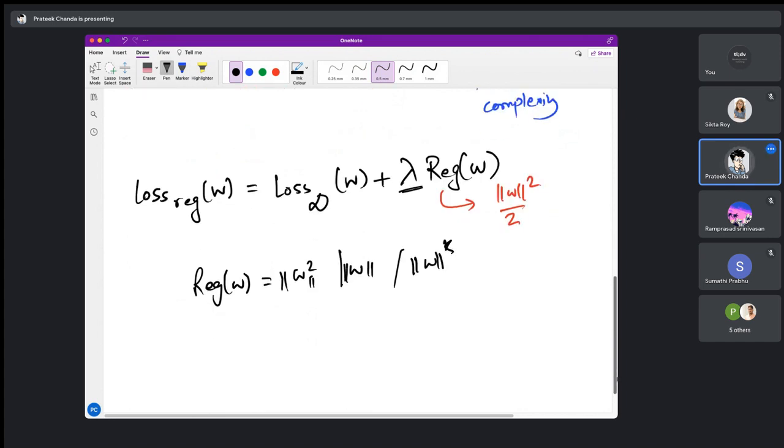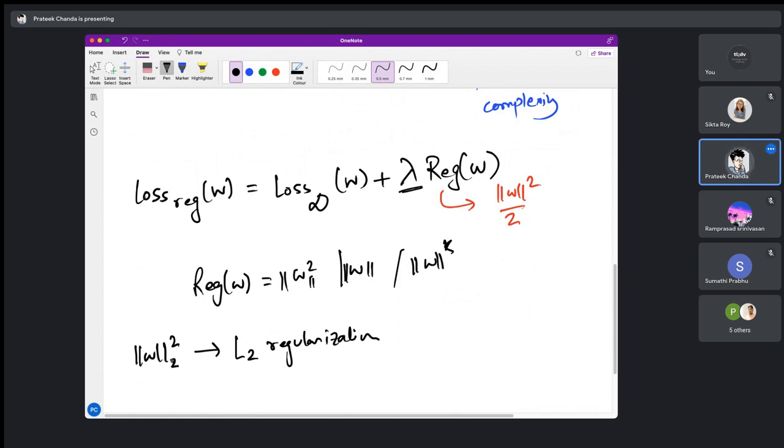But the most popular one is W squared, and it's called L2 regularization. Why is it called L2? Because it has this L2 norm.